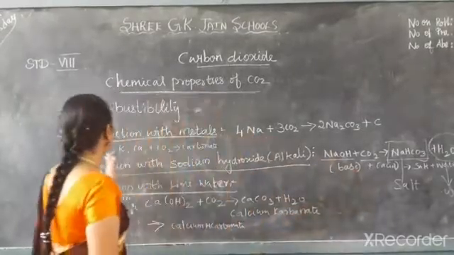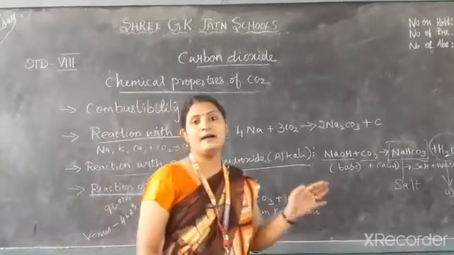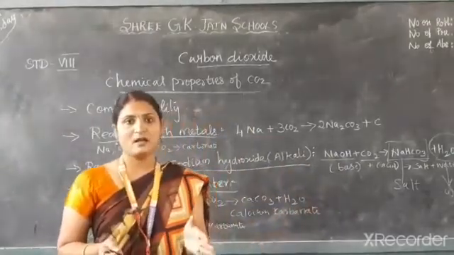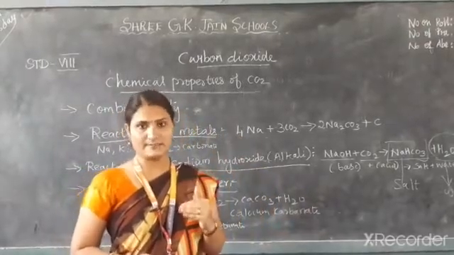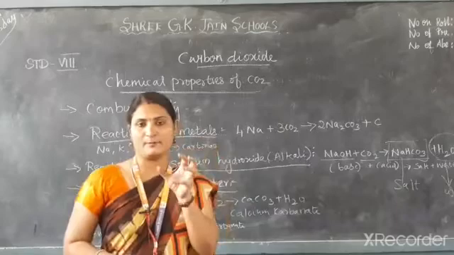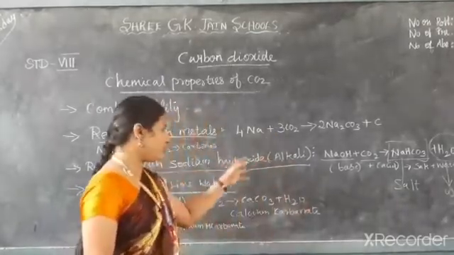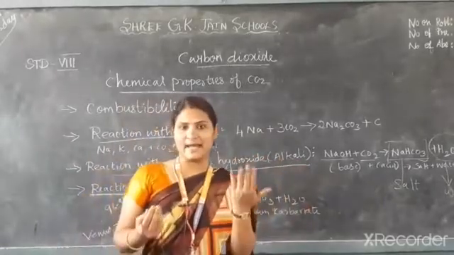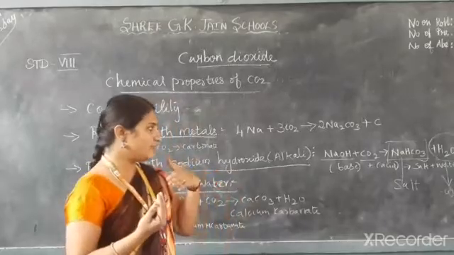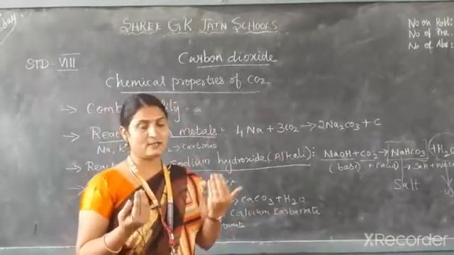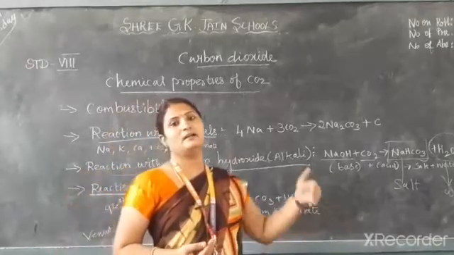And after that, the reaction with sodium hydroxide. Sodium hydroxide is an alkali, that means a base. And we know very well that carbon dioxide is acidic in nature. So when the acidic carbon dioxide reacts with the sodium hydroxide base, the base and acid will get neutralized, and it will produce salt plus water.